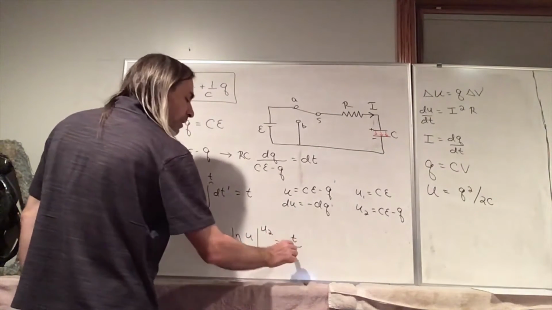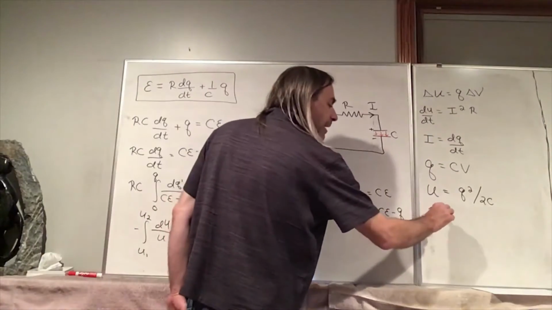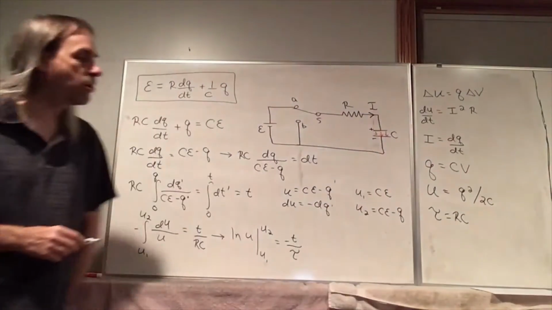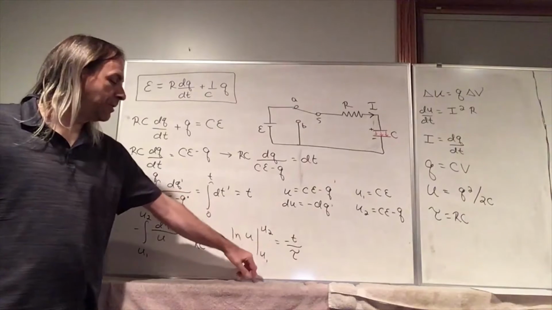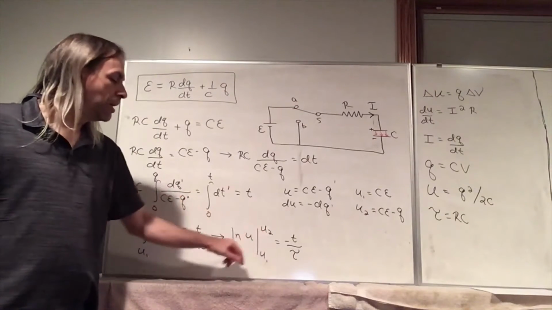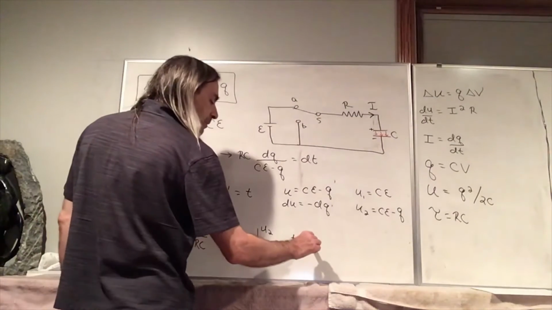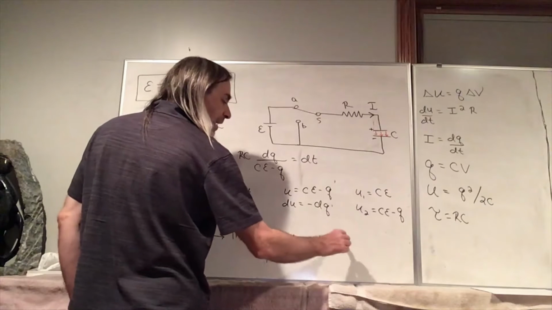This quantity RC, let's give that a name. We'll call it tau for now. We'll talk about what that is later. Now, the natural log of u evaluated between the limits is the natural log of u2 minus the natural log of u1, but because of a property of logarithms, we can say natural log of u2 divided by u1.